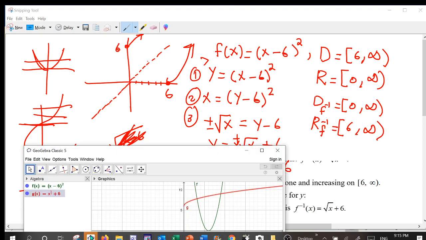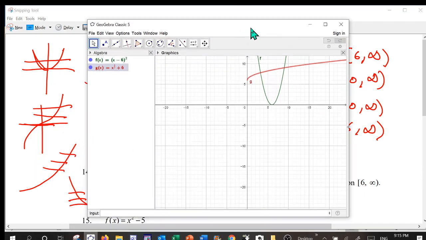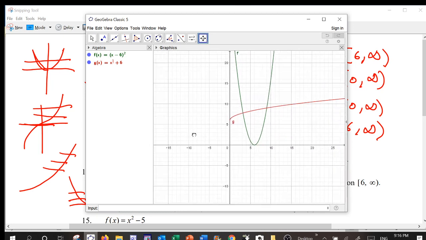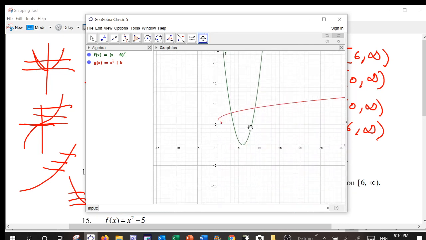So on GeoGebra, it does a good job in terms of figuring out where the inverse is. But of course, this is not graphed the way that we want it. So it's graphing the green one over the whole domain. So there is a trick you can use. You can put an if function.